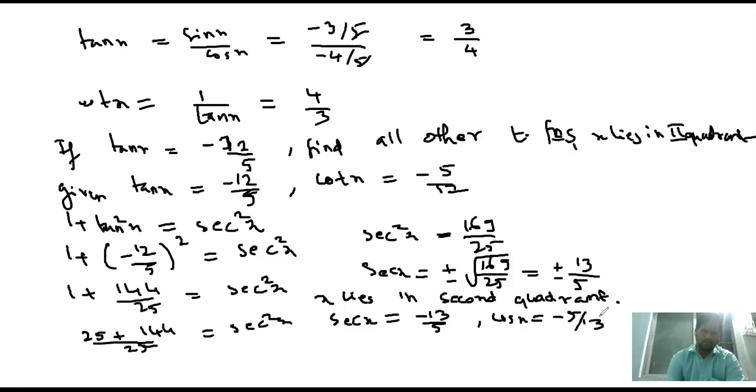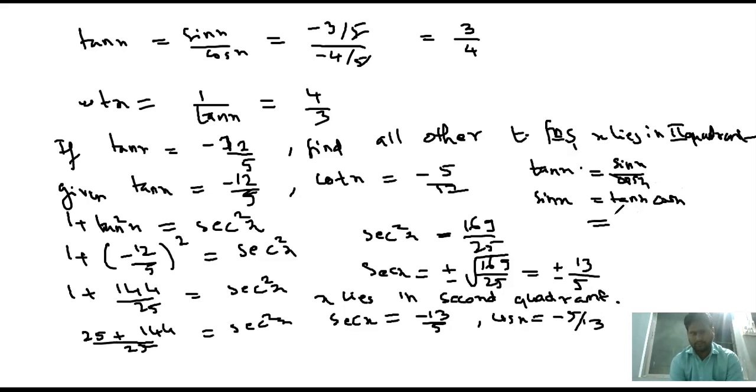Now we have the values of sec x, cos x, tan x, cot x. Now required are sin x and cosec x. So how to find them? We have tan x is equal to sin x by cos x. From this we can find sin x. Sin x is equal to tan x into cos x, multiplying both sides by cos x.